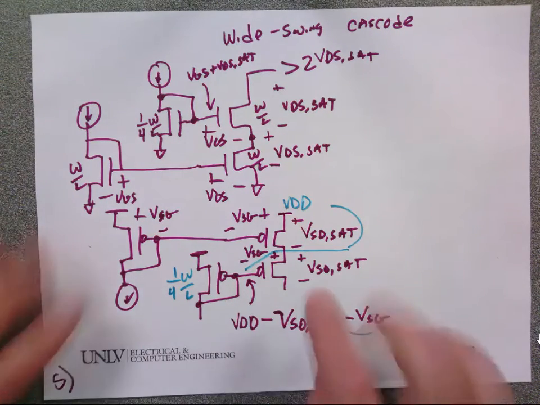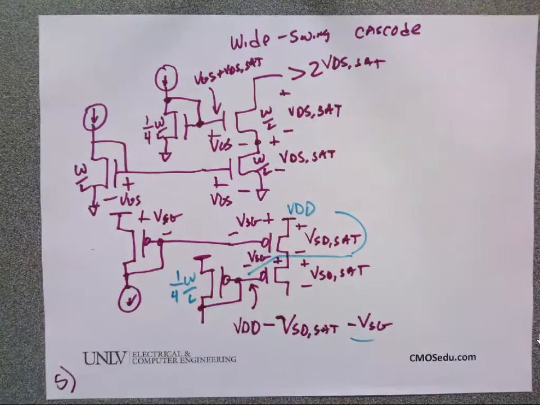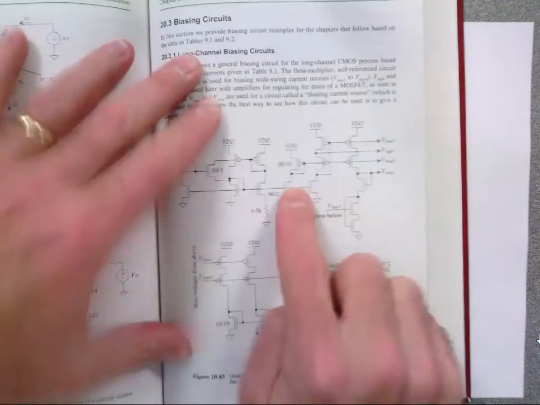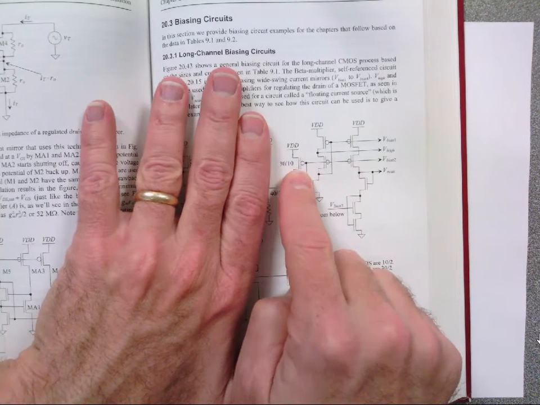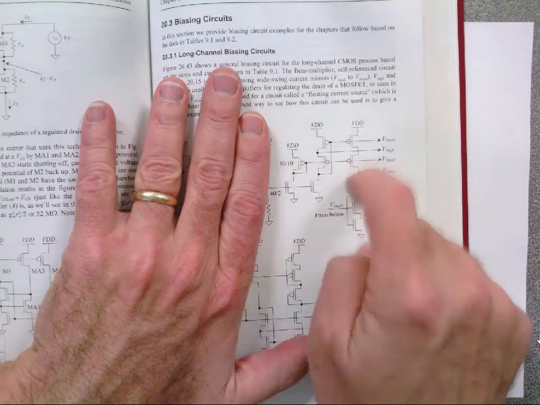Does everybody follow? So in the schematic, I made it 1/5. So I go back to the schematic and I go, PMOS are 30 by 2. There's my beta multiplier going out. Goes to these two current sources. So that's a 30 by 10, or W over L times 1/5 to wide swing bias these.